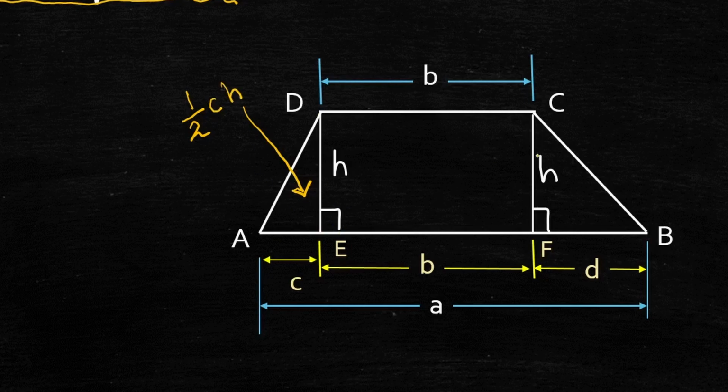The area of the other triangle is half of the base, the base is FB, which is equal to d, multiplied by the altitude of the triangle, which is h itself. And the area of this rectangle is definitely base into altitude, or base into the adjacent sides. So this is how we have calculated the individual areas of the whole trapezium.